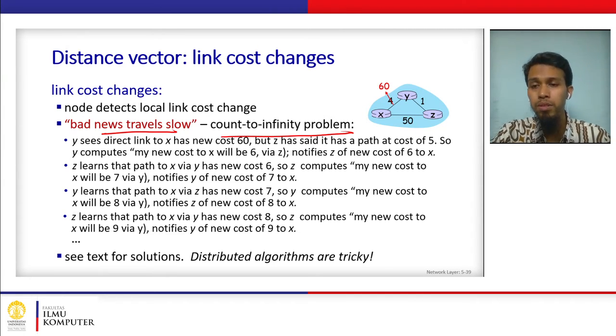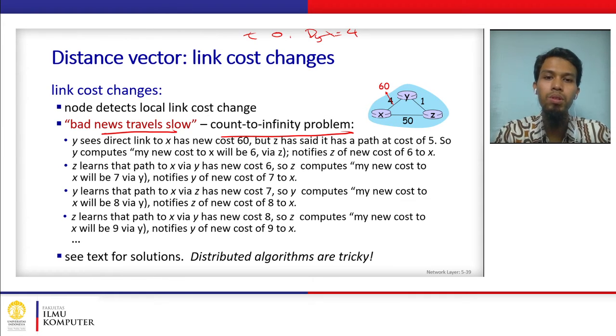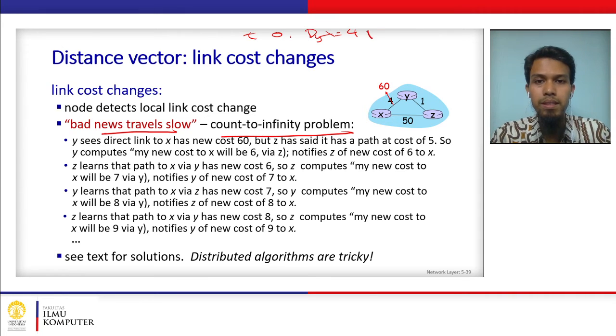First of all, Y's direct link to X has a new cost of 60. So what is the initial distance factor at Y? Let's say at t0, dyx is 4. It was 4. And it also knows from Z that dzx was 5.